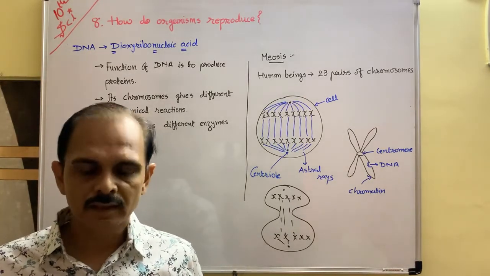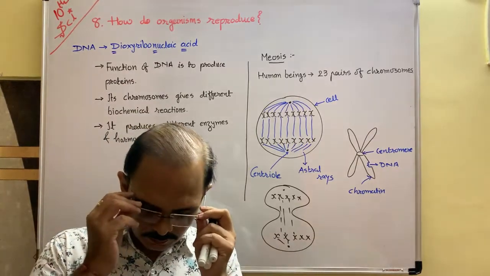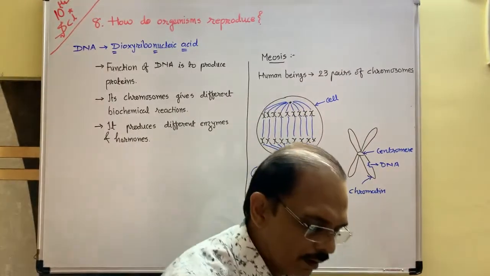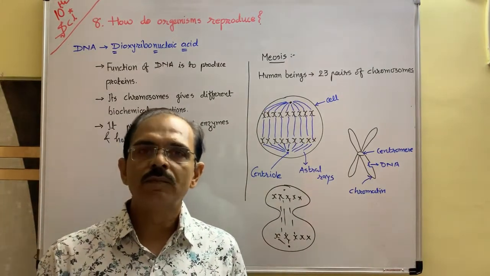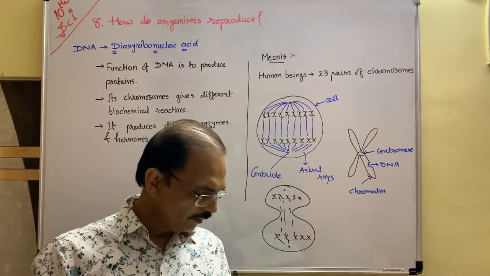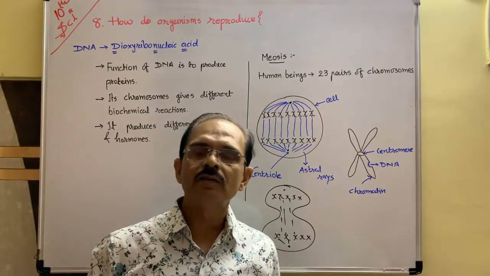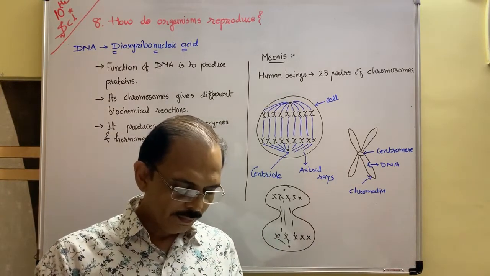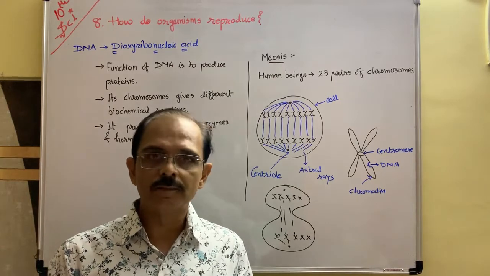This is the main reason why we said that... do organisms create exact copies of themselves? Okay. See on page number 127, in the section Do organisms create exact copies of themselves, the second para: a basic event in reproduction is the creation of a DNA copy.